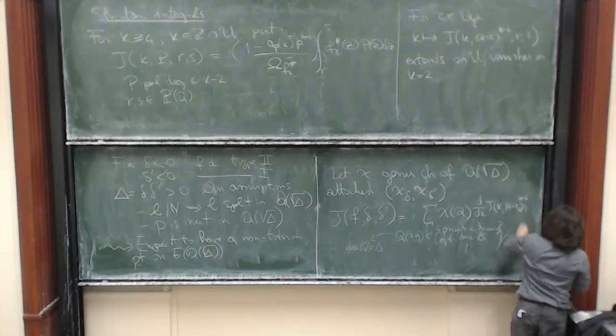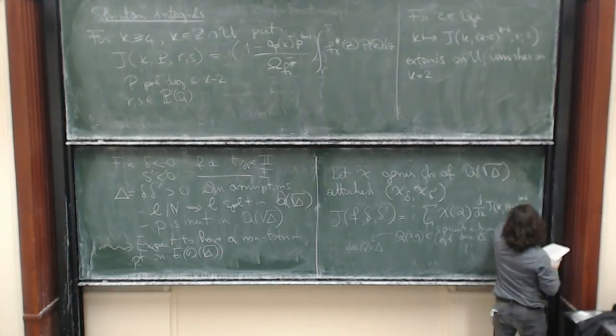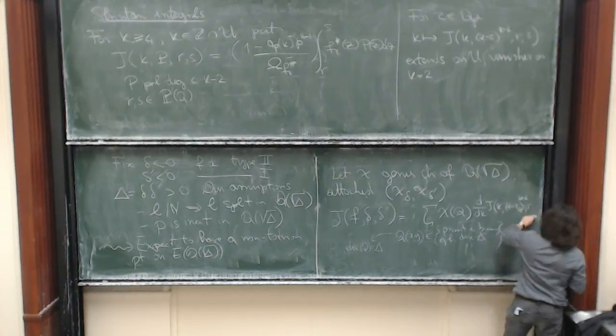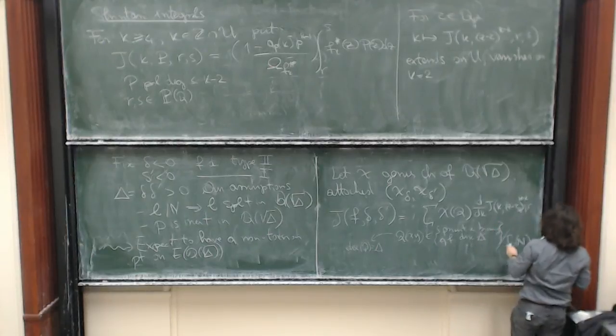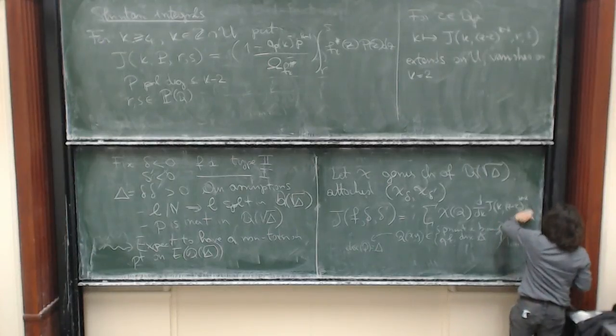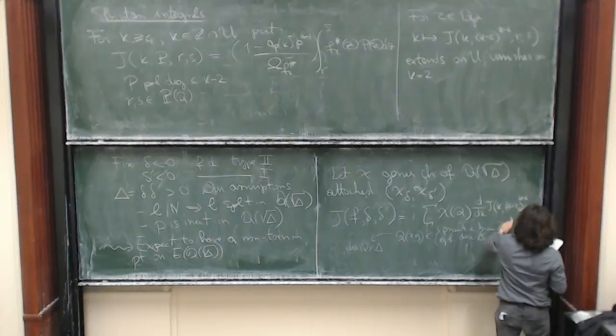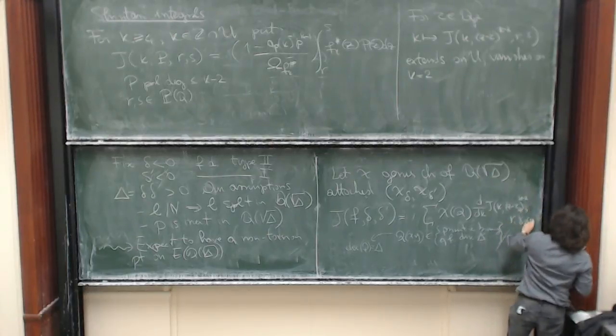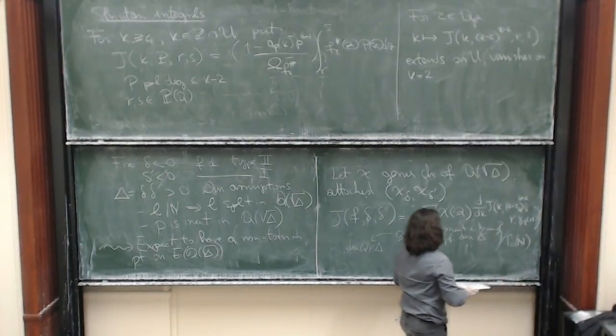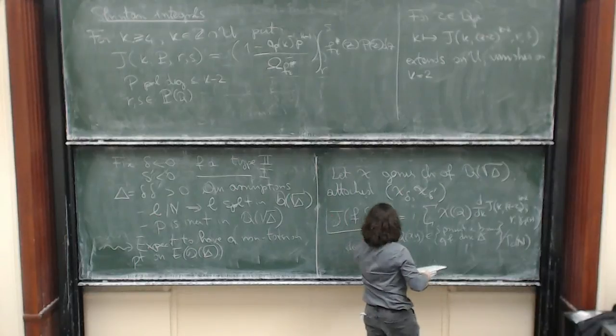I will explain how to choose this point. The extremes of integration are any rational point R and gamma Q of R. I'm going to explain this last ingredient.